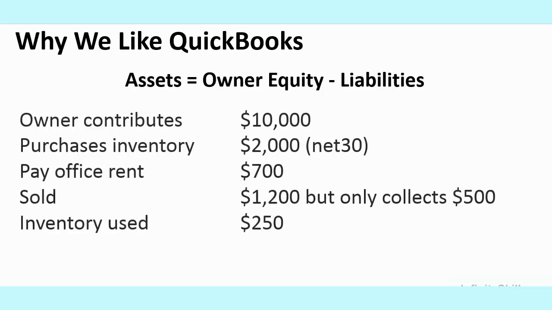If we had a company and the owner contributed $10,000 of their own money, and then we purchased $2,000 in inventory, we paid our office rent of $700, and then actually sold $1,200 worth of product, but only collected $500 of that $1,200. And if we actually used $250 worth of inventory that we had purchased, can you tell me quickly and easily what our current profit or assets or value of our company would be?